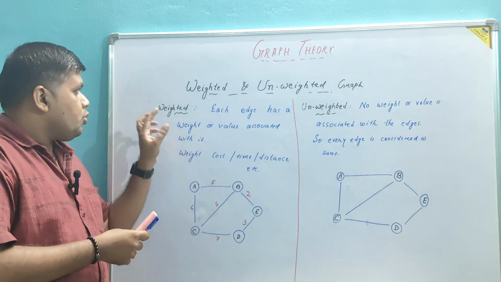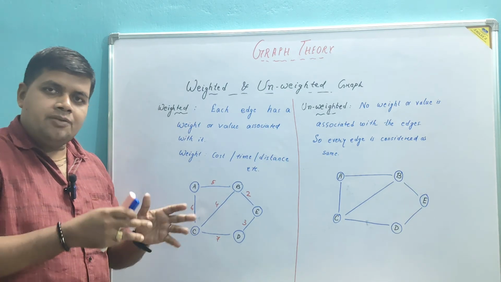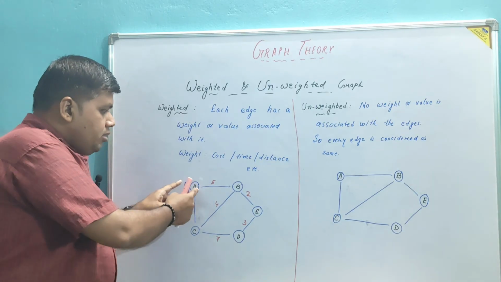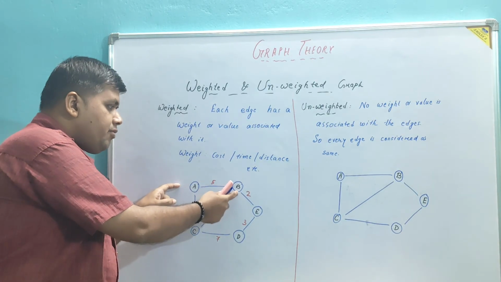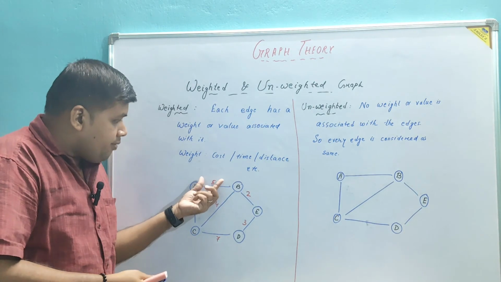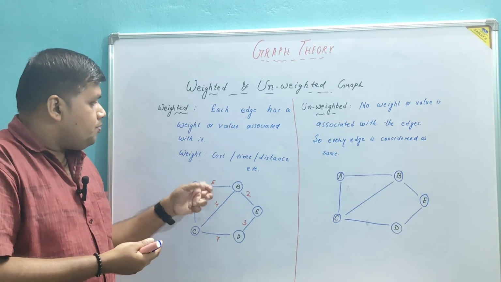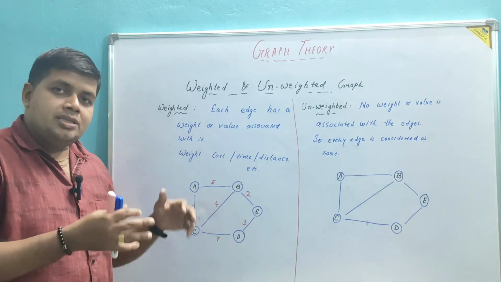A weighted graph is a graph in which the edges, meaning those paths that connect the different vertices, have a specific value associated with them. That value is some measurable value.